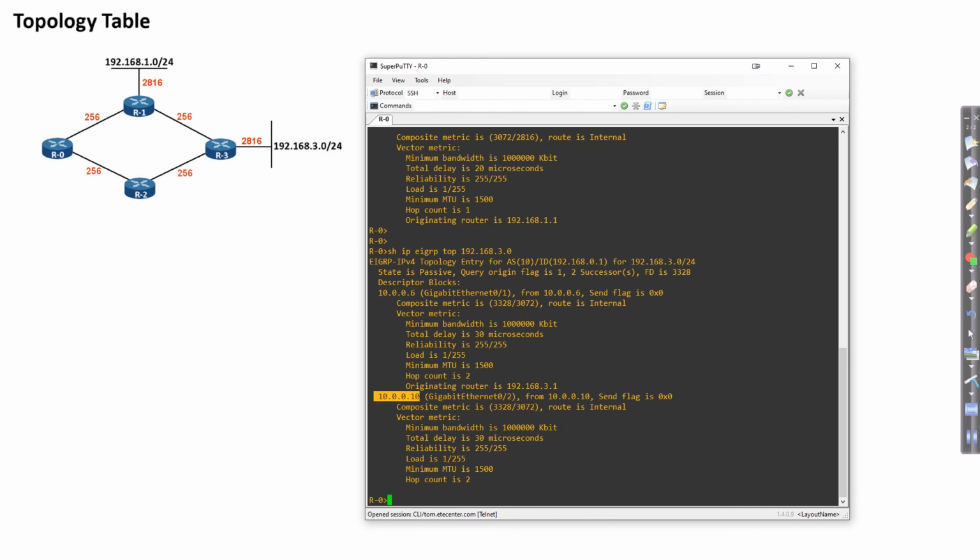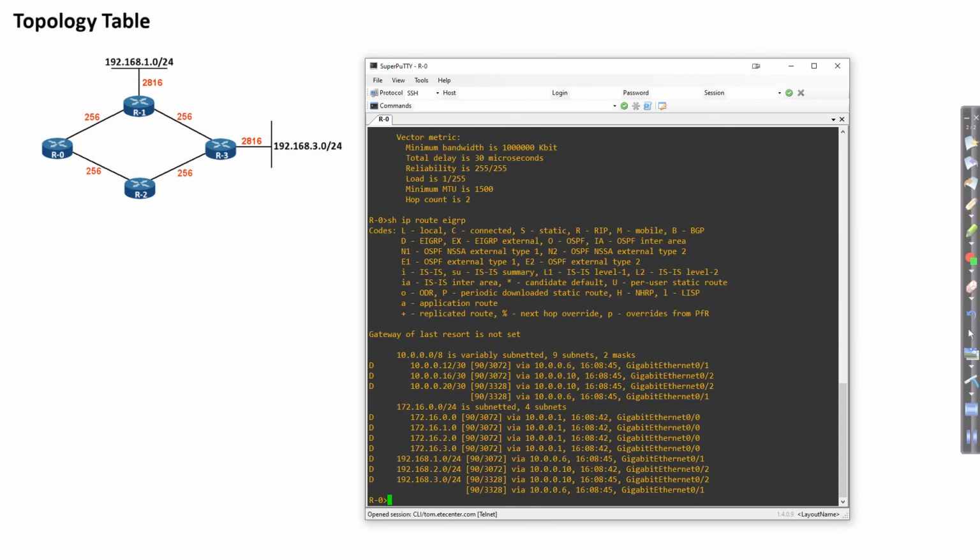And finally, let's take a look at the routing table. For the 1.0, only one path with a cost of 3072. And for 192.168.3.0, I am load balancing since they both have the same feasible distance.